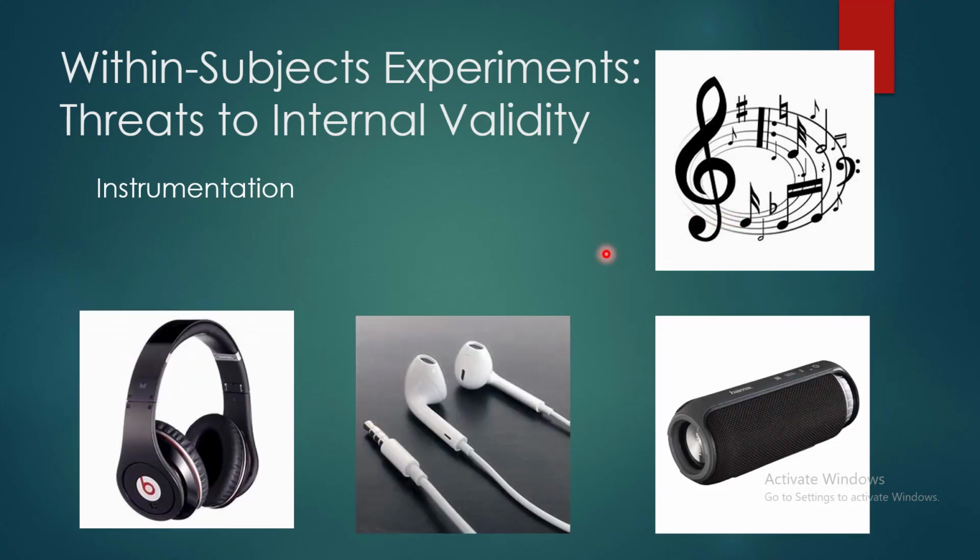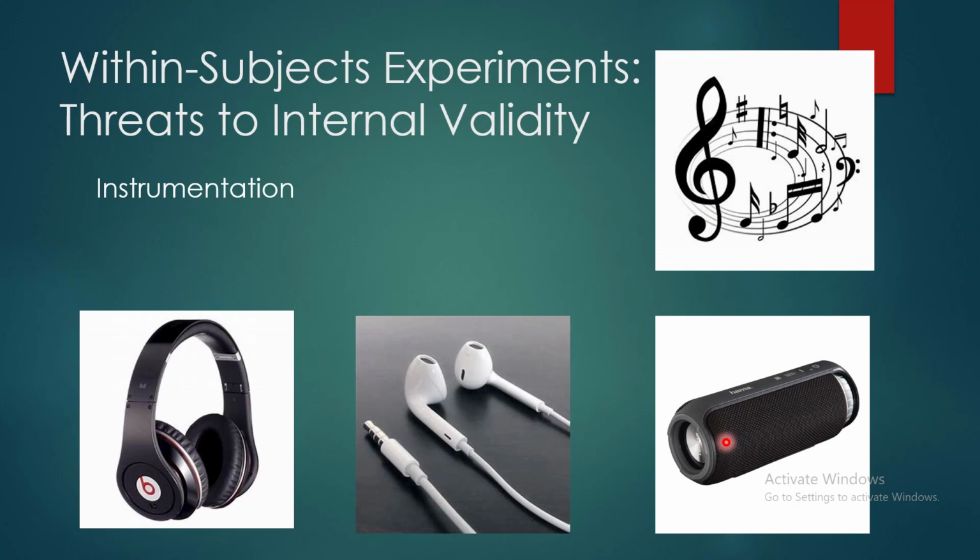So what if your subjects were using 3 different ways of listening to music? Some of them have great headphones that are noise canceling. Others are just using earbuds. Or maybe some of them are using headphones at home or in the classroom even. But then for some, you decide, oh, I'm going to use this little speaker. Or maybe they're just using their computer speakers.